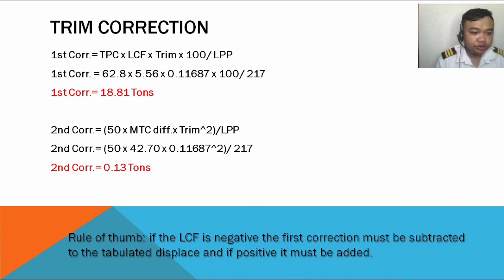And for the second correction, this would be 50 times MTC difference, which is already given, times trim squared divided by LBP. Again, LBP is equivalent to LPP. That is the same. So we have 50 times 42.70 times 0.11687 squared, divided by 217.